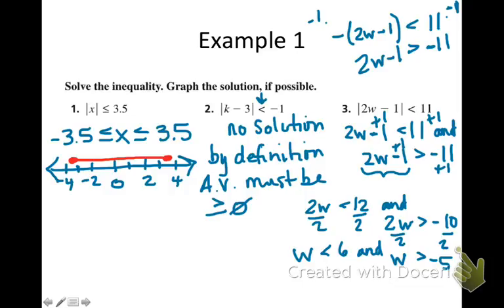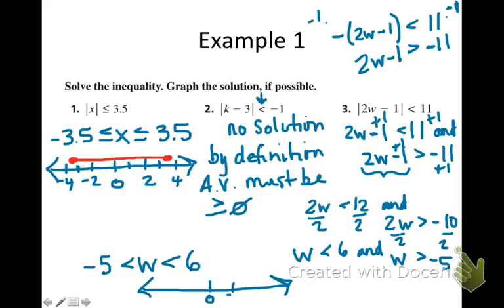So the compound inequality is negative 5 is less than w, which is less than 6, and then we can graph it. So an open circle at negative 5, open circle at 6, and all the numbers between. Okay, that's what the graph would look like.